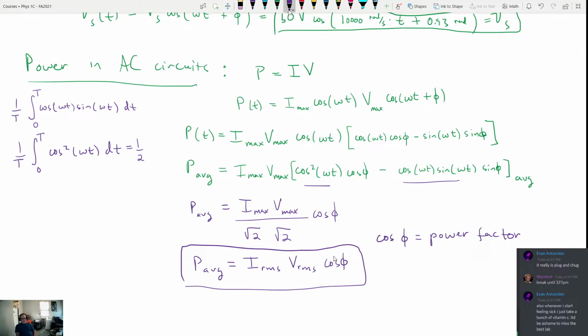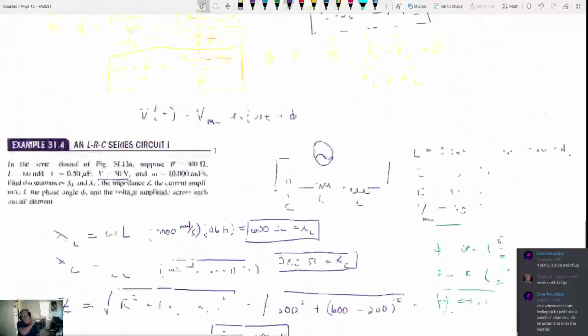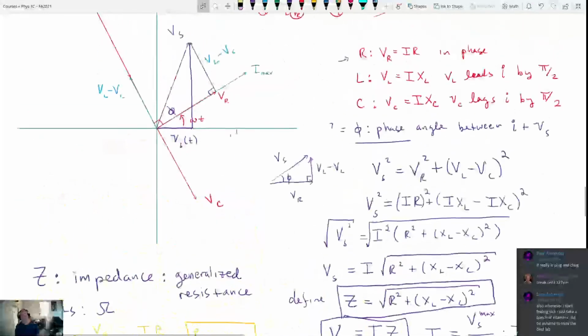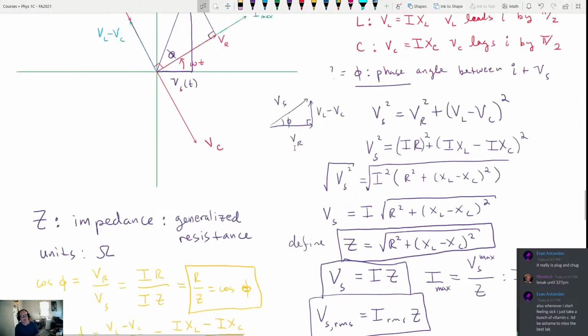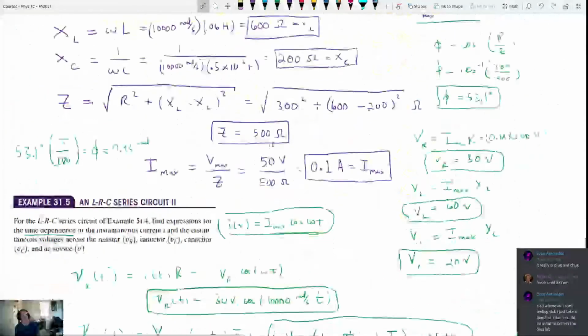And if you think about what phi was, let's go back. What was phi? Phi was the angle between the current phasor and the total phasor. So when phi is not equal to 0, it will actually reduce the power coming out of your circuit.